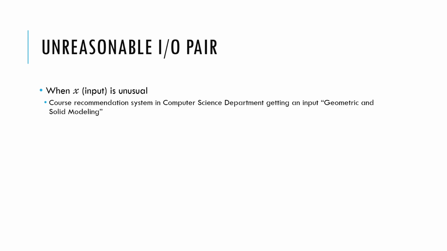For example, we have a course recommendation system that, given a course, predicts whether or not a specific student will like or dislike it. So the input is the course, and the output is like or dislike.